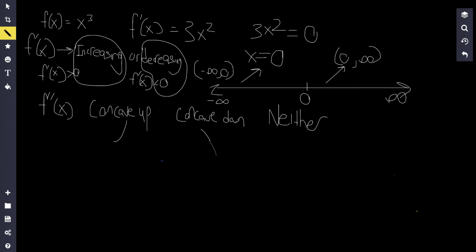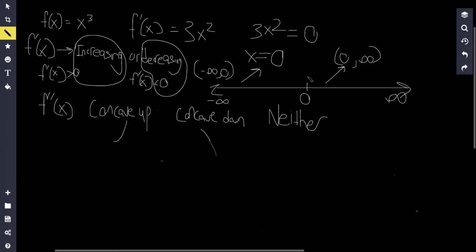Now, I did all of the first derivative work, and I found out that for the function f of x is equal to x to the third power, from negative infinity to 0, not including 0, my function is going to be increasing.